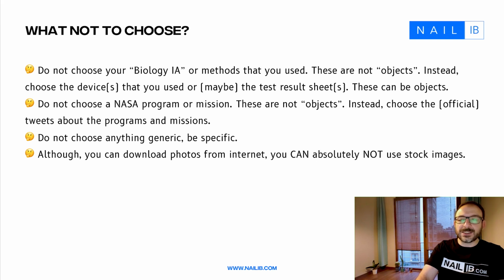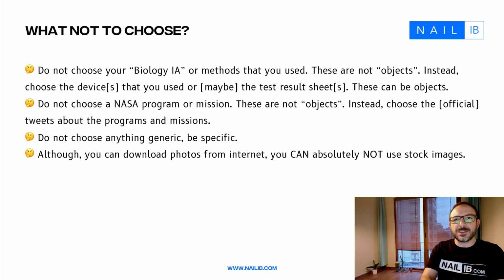Never use them. For example, if you want to talk about something scientific, some musical instrument, some ancient device, some ancient ways of writing, go and search for the image that has been taken of that exact object.